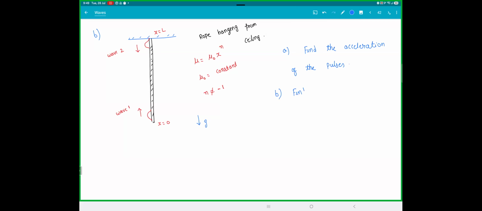Find the position where the pulses meet. So where will these two waves meet? Same as the previous one, I just made the rope with variable density.